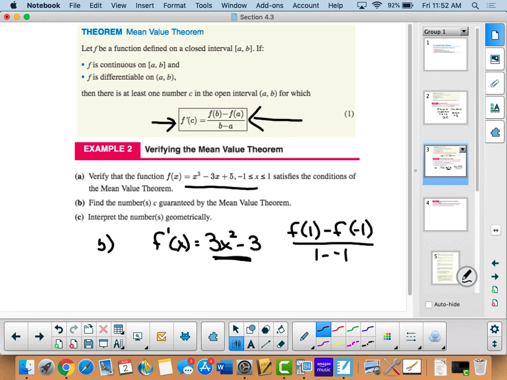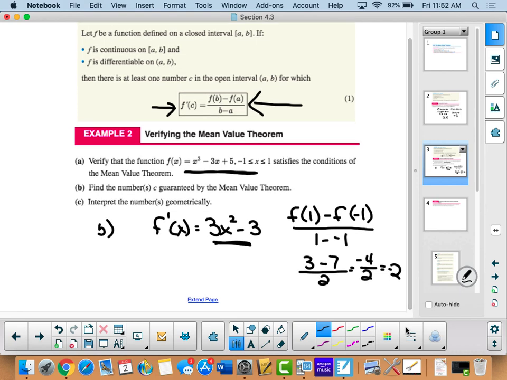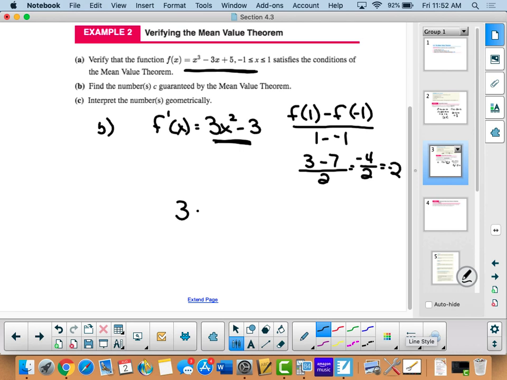So when I plug in 1 into this equation, I get 3. When I plug in -1 into this equation, I get 7. 1 minus a -1 is a 2, so this gives me -4 over 2, or -2. So now I want to say 3c squared minus 3 is equal to -2.